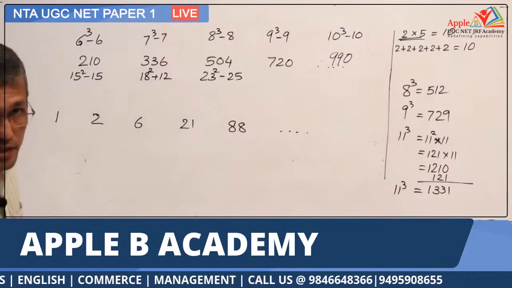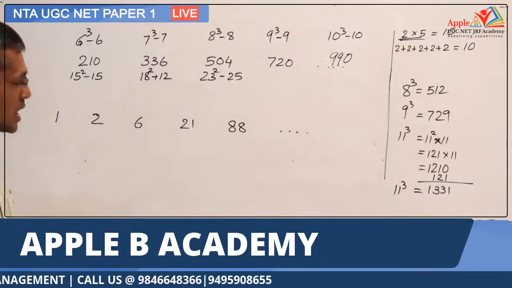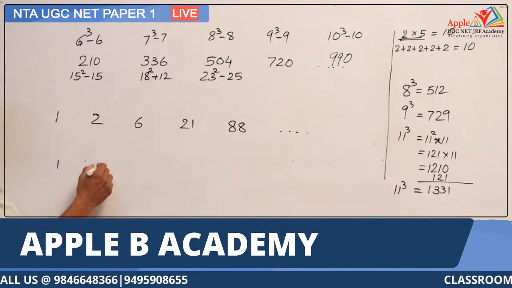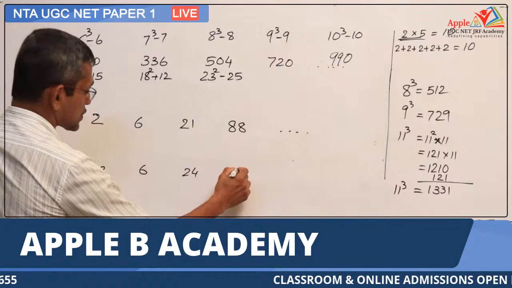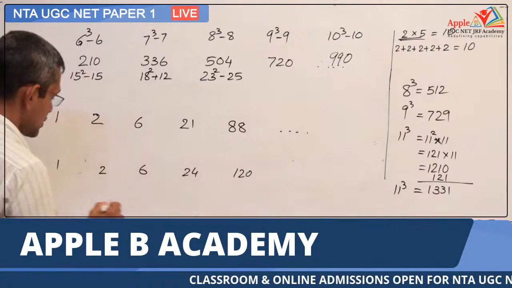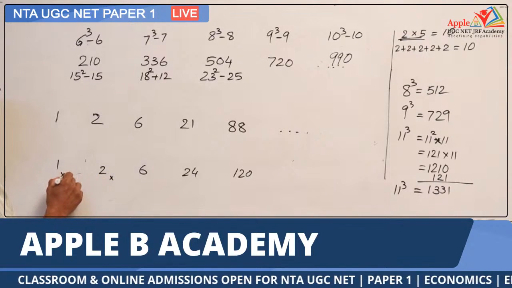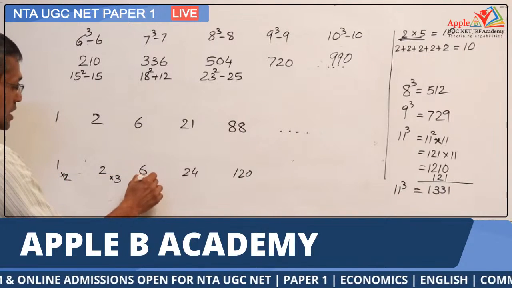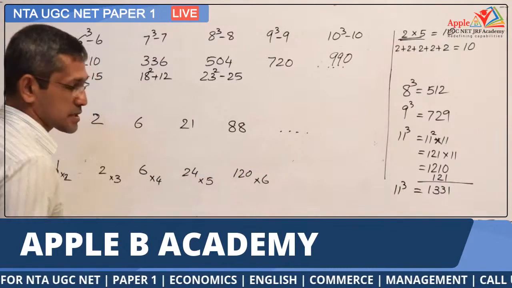So what kind of pattern do we have here? In the previous case, we had 1, 2, 6, then 24, then 120. So the pattern was into 1, into 2, into 3, into 4, into 5, and this one is multiplied by 6.